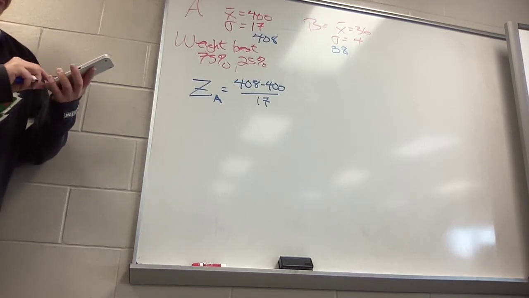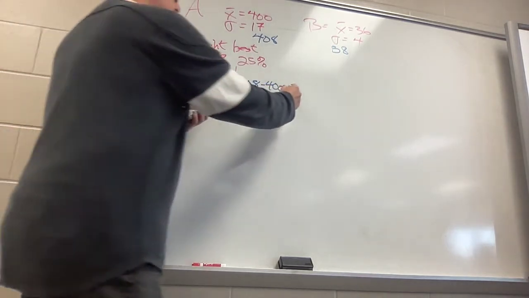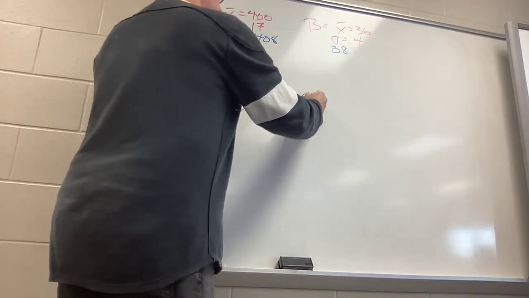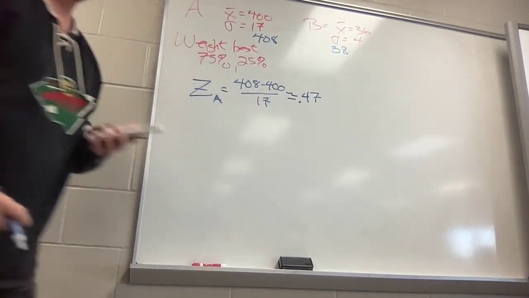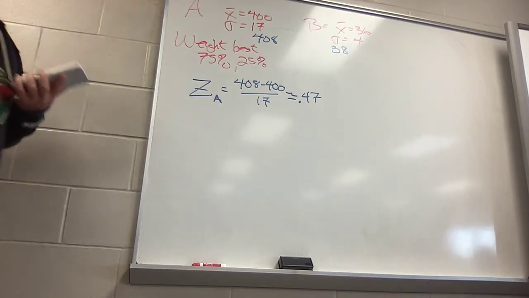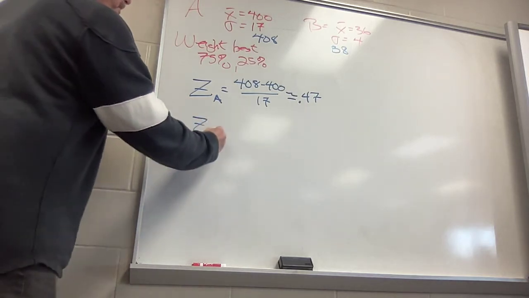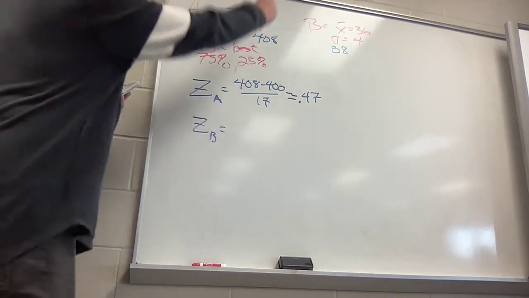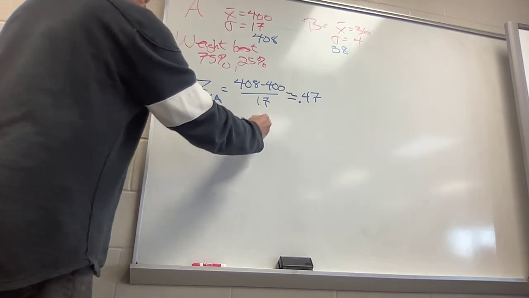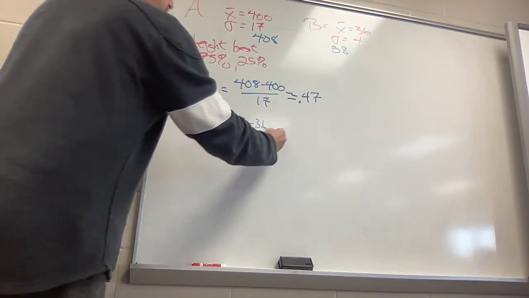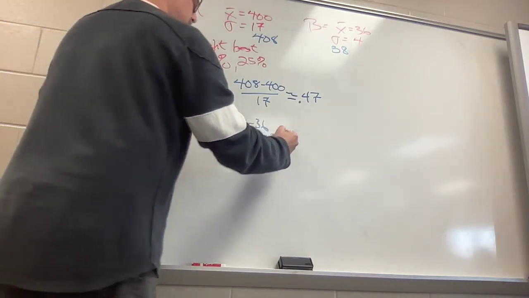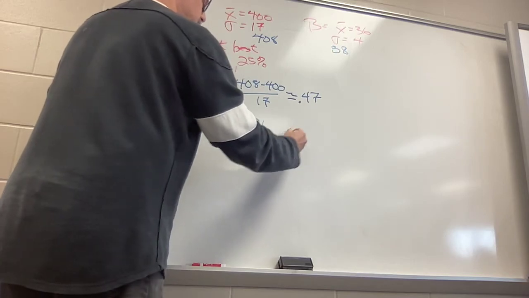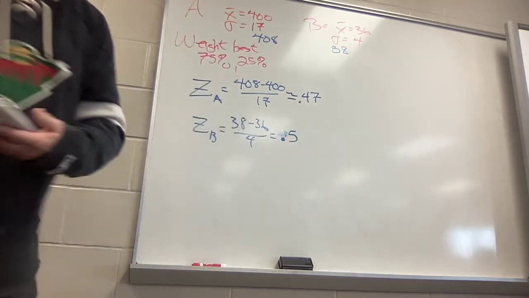So the nearest hundredth, this Z-score is 0.47. I suggest labeling it nicely. Your Z-score of part B is you got a 38 over 4. That's easy. That equals 0.5.